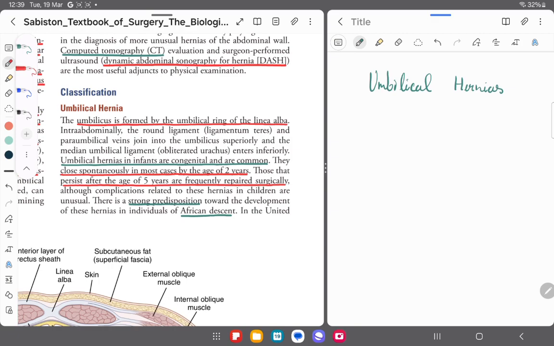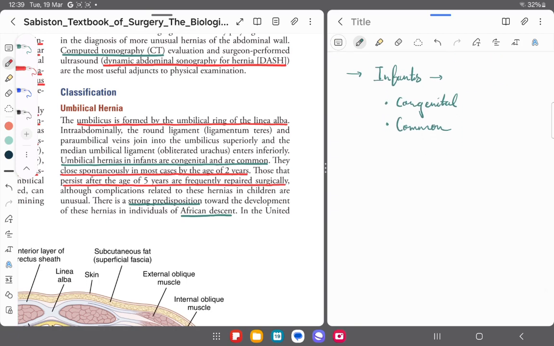Number 1, in infants, umbilical hernias are congenital, and they are common.